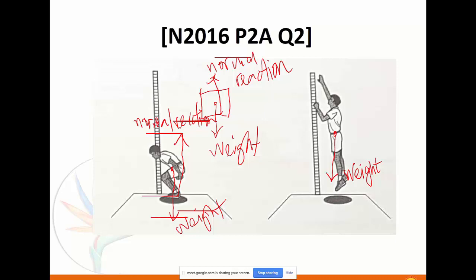So this one will give you 1 mark. This one will give you 1 mark. Because in the TYS review, I will tell you how you get the marks. Okay, next one, we go on.